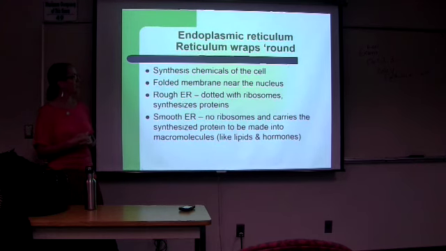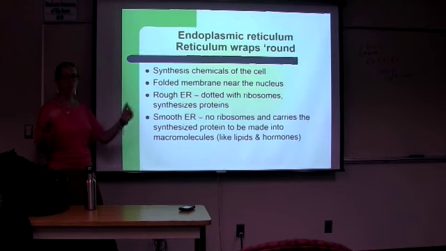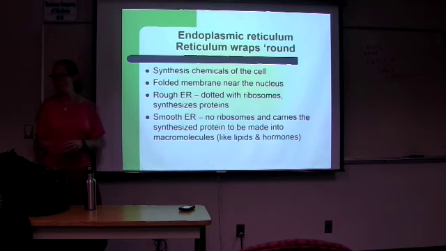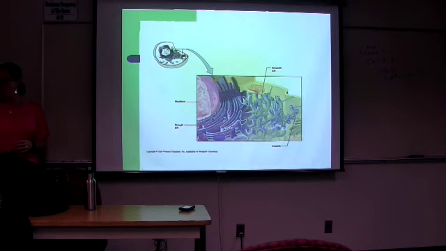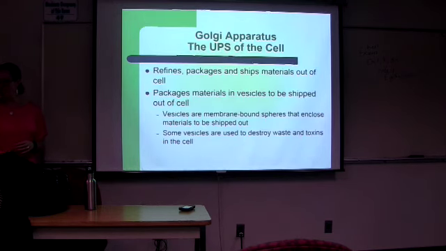Okay. It's kind of like the preparation dock, right, before it goes to the Golgi apparatus to send things out of the cell. Does that all make sense? Yes, no? Okay. There's a closer picture of it.